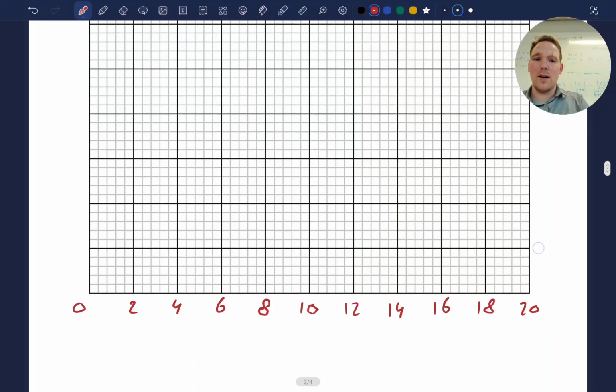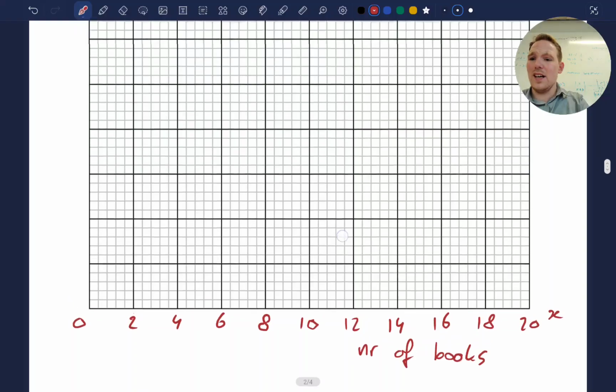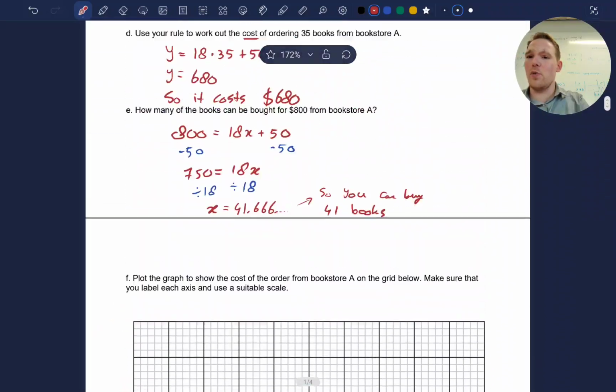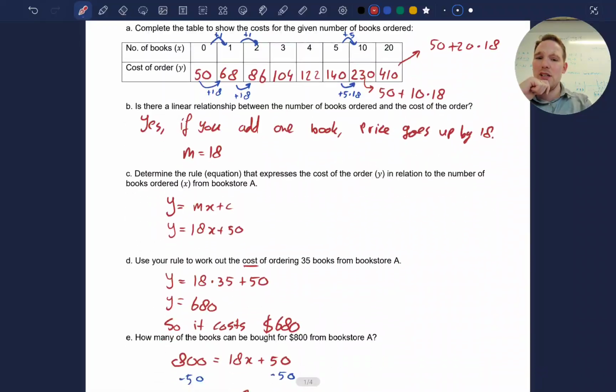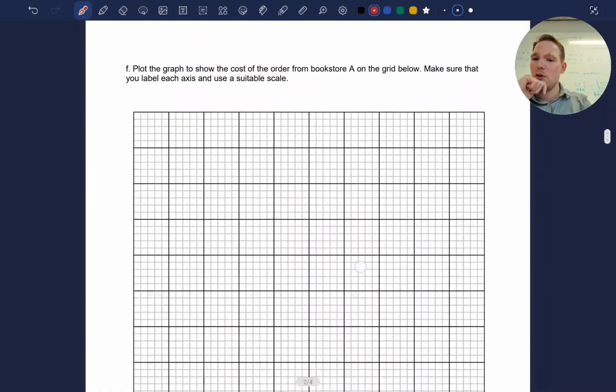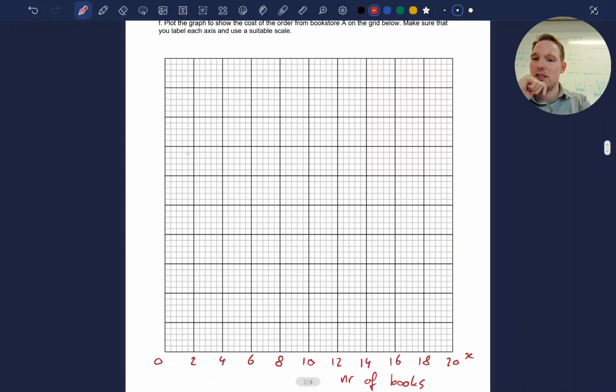Okay, so what was the variable? X was the number of books, yes. So it's the x-axis and it's the number of books. And then what values were we looking at when it came to the y-axis? The highest one is 410. So maybe let's see how we're going to do this. How many steps have I got? Is it 10 steps as well? 1, 2, 3, 4, 5, 6, 7, 8, 9, 10.